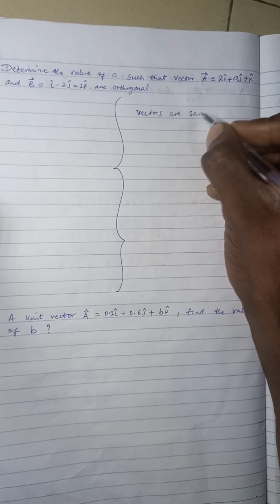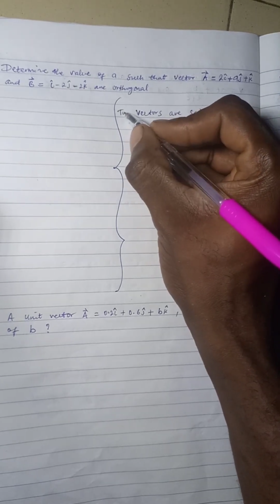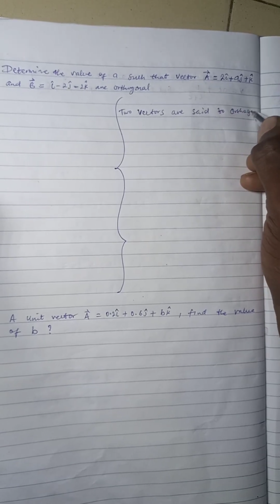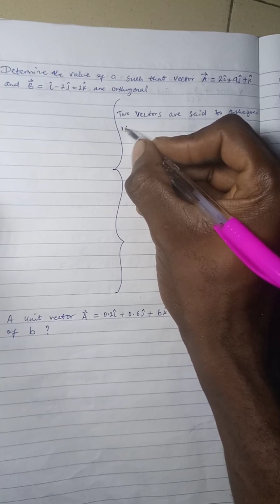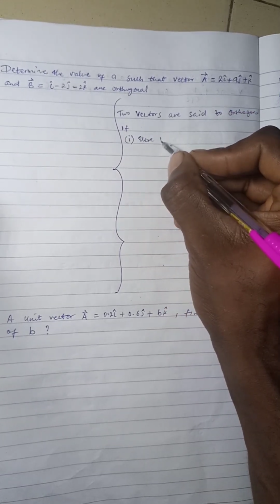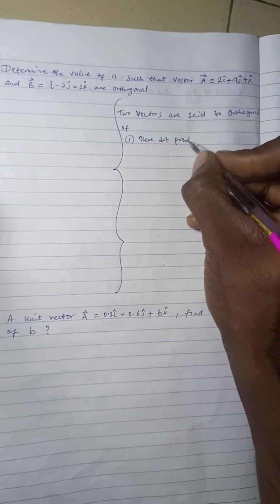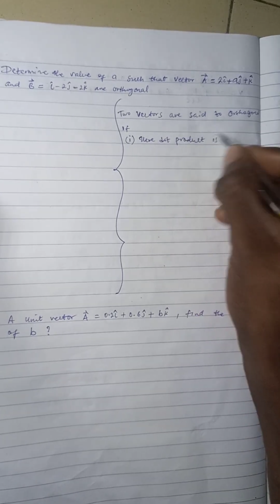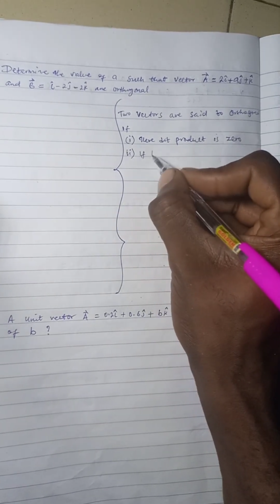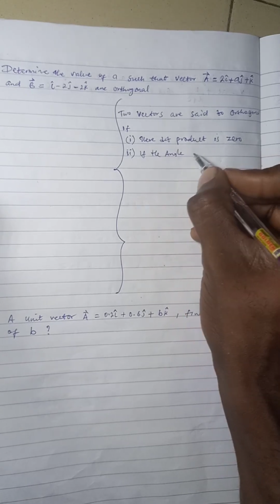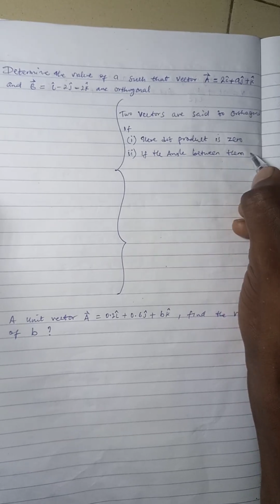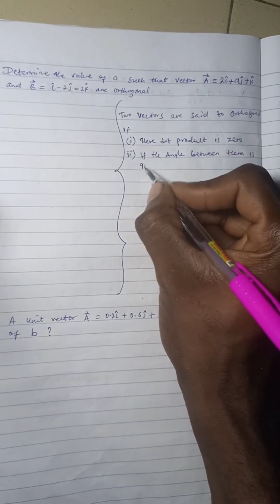Two vectors are said to be orthogonal if their dot product is 0, and again if the angle between them is 90 degrees.